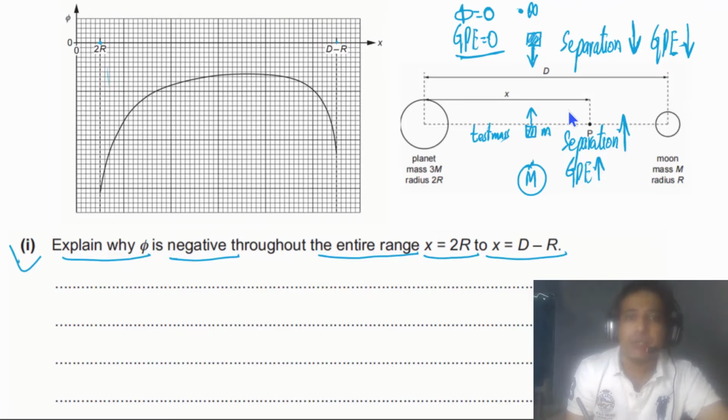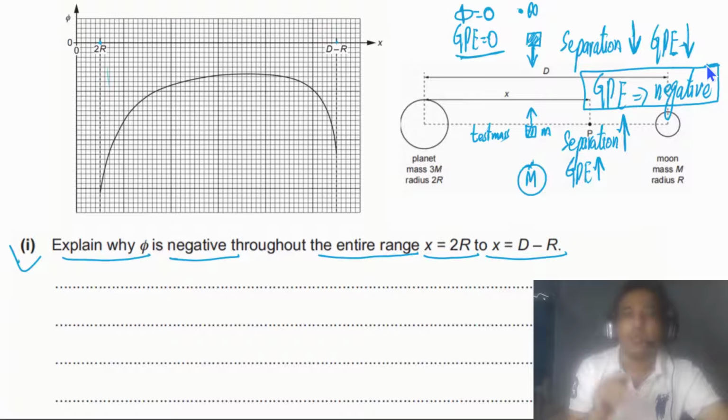That's the reason GPE is always negative: at infinity we assume GPE is 0. So that's the reason potential is always negative other than at infinity. For a gravitational field we are talking about, but for an electric field potential can be positive, it also can be negative. We will go to that point later.